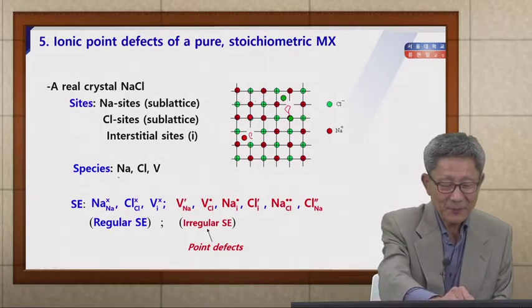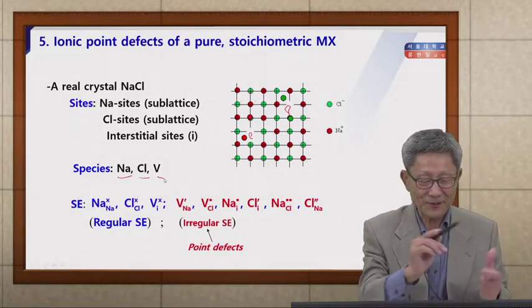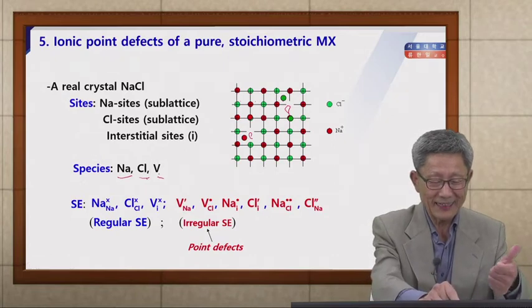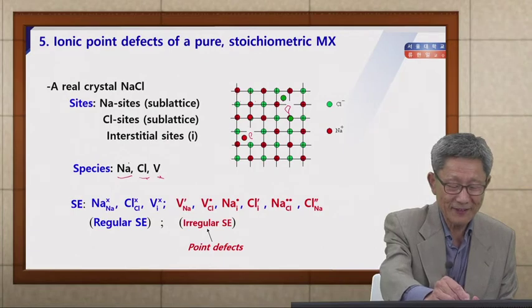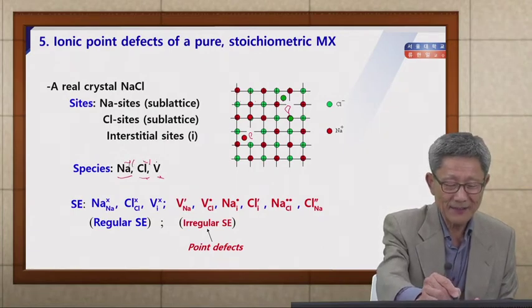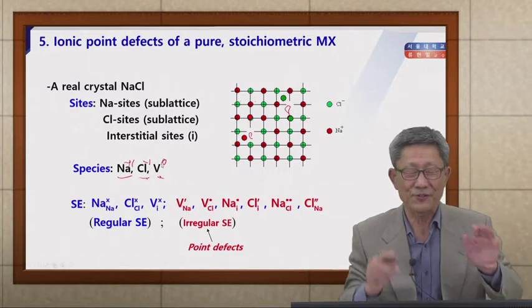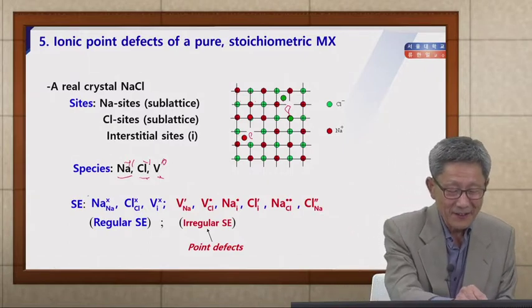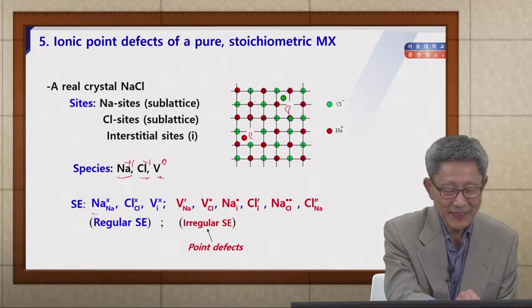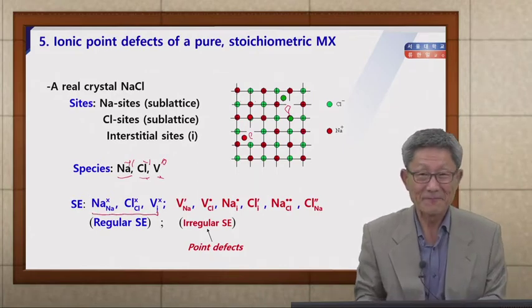We have the three species again: sodium ion, chlorine ion and vacancy. Don't forget, its effective charge is +1, chlorine ion -1, vacancy 0. Oh, sorry, actual charge. Okay, now we have the three regular structure elements.